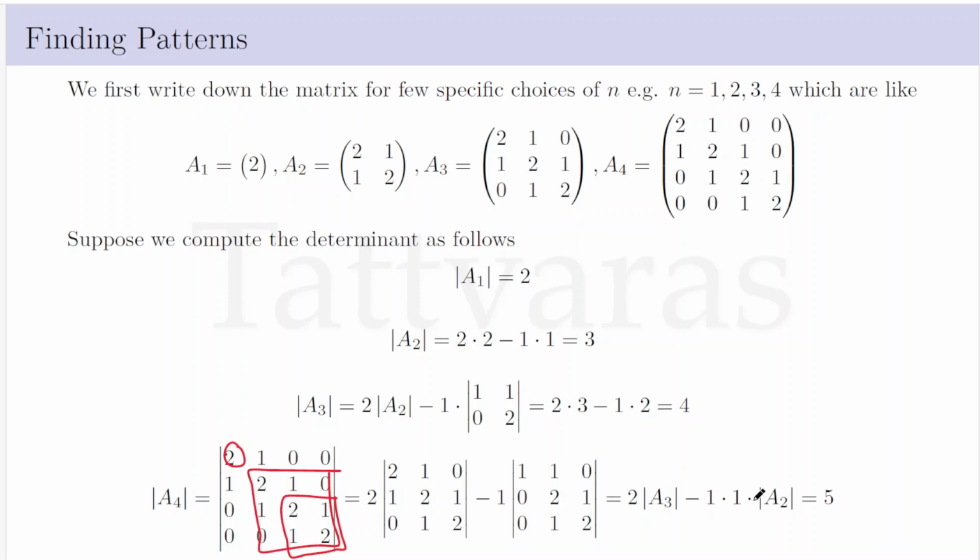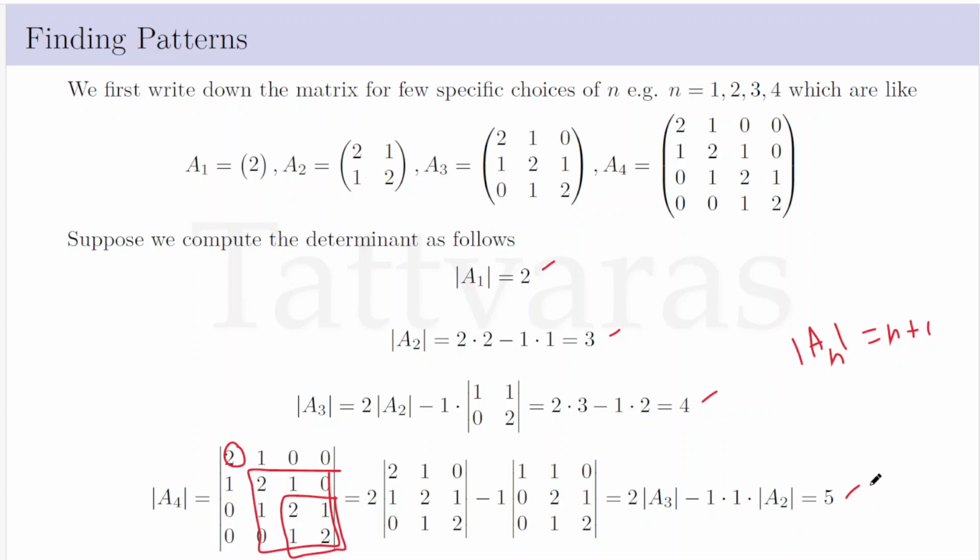So it is very clear that this kind of recursion will hold in general. And also there is a very nice pattern: 2, 3, 4, 5. So it is an easy guess that this should be the answer, and it actually turns out to be the answer. We just have to argue more properly and formally.